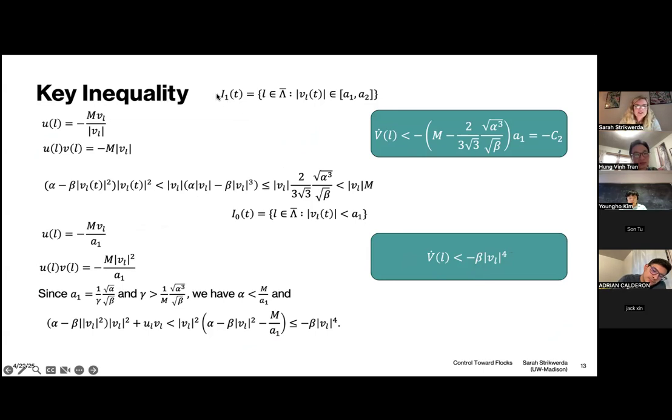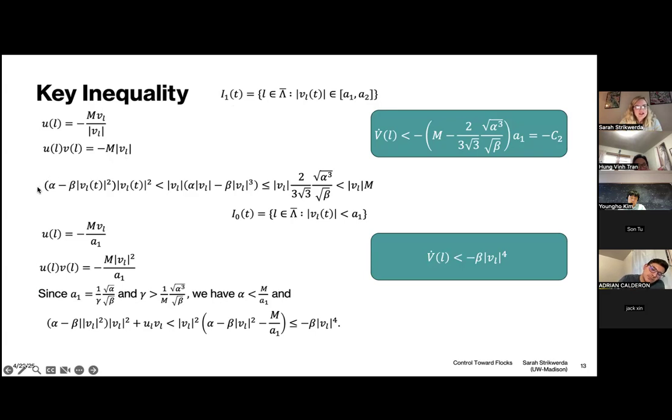And so first of all, we're going to think about this set of nodes in lambda bar, which could change depending on the time. And that's for the VLs in A1 and A2. So in this case, we said that UL is equal to this negative MVL over the magnitude of VL. And so when I plug that in, I get negative MVL.